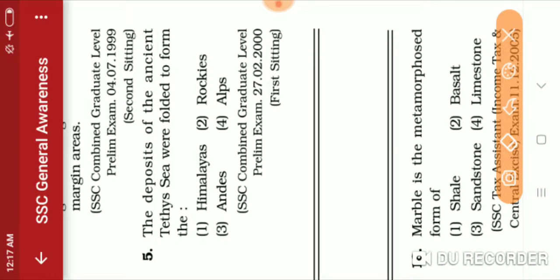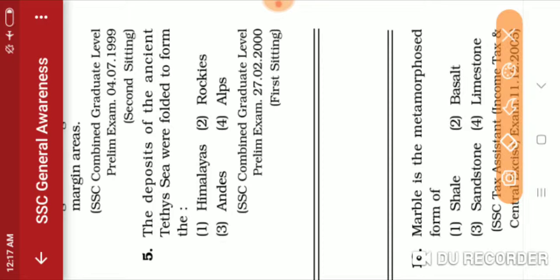Next question. The deposits of the ancient Tethys were folded to form the Himalaya. Tethys was between the Himalaya and the Indian subcontinent.